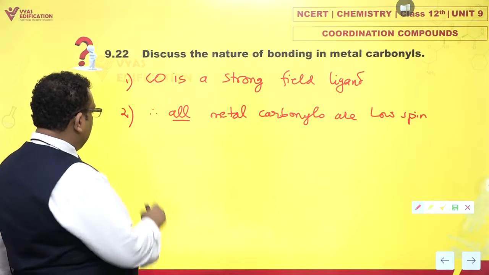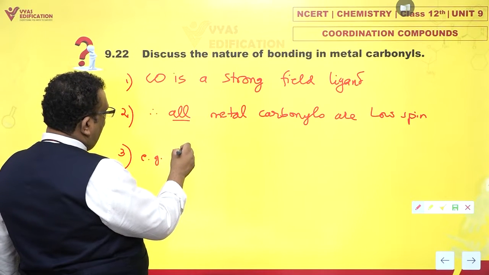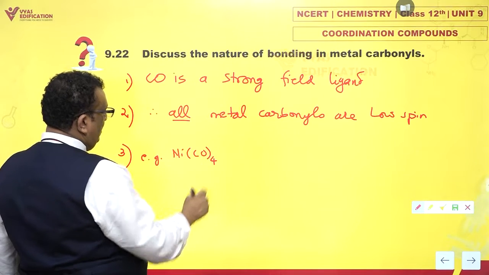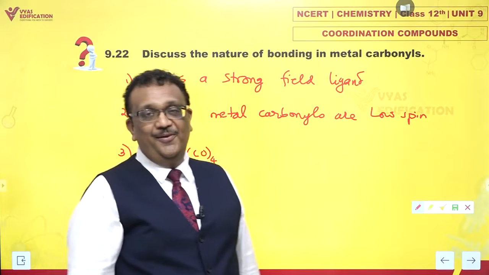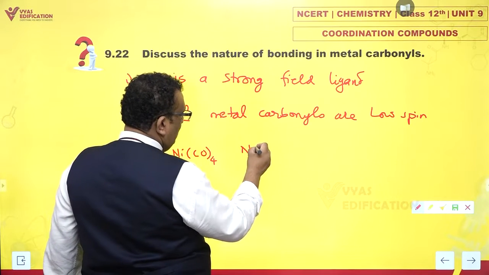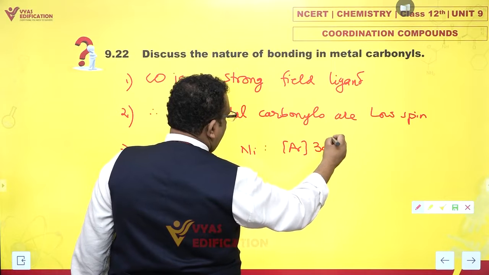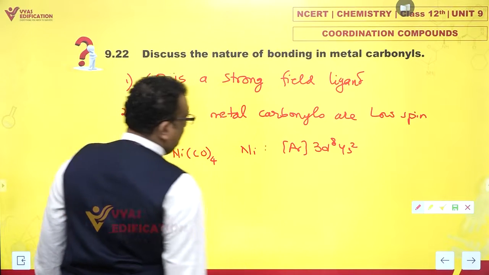Let us, for example, take the very famous Ni(CO)4, tetracarbonyl nickel. Now, the oxidation number of nickel in this case is 0. That means it has electronic configuration argon 3d8 4s2.